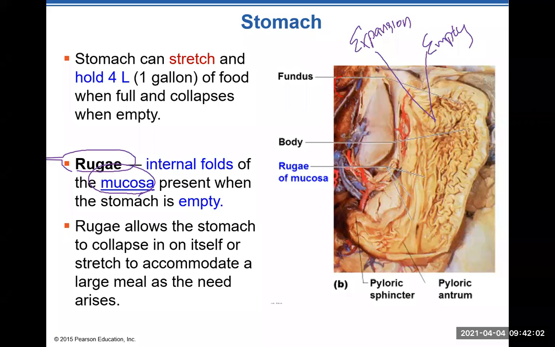It gives that extra space to the stomach so that it can expand. Our stomach can hold almost 4 liters. That means 1 gallon of food. Can you believe? Once it is empty, it collapses on itself. Did you understand the function of rugae?